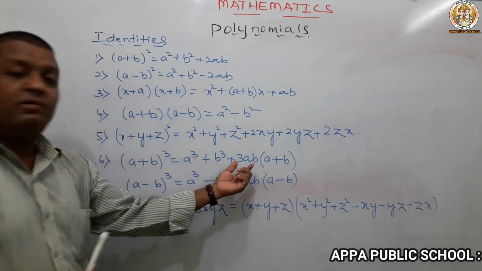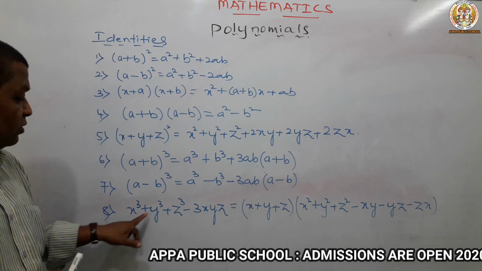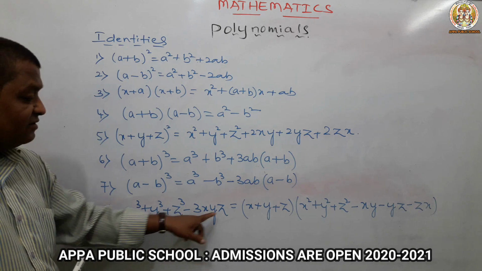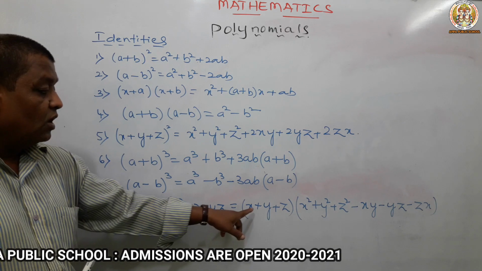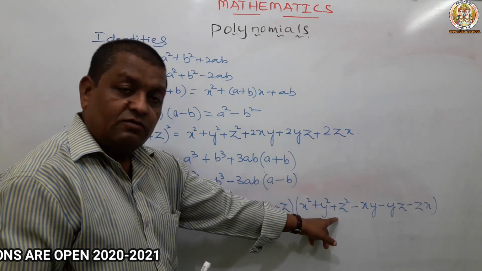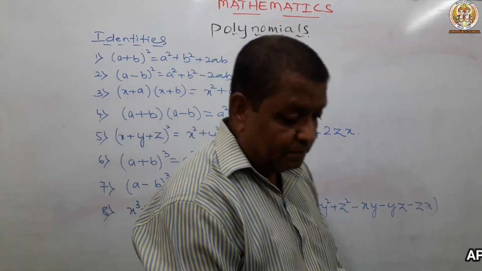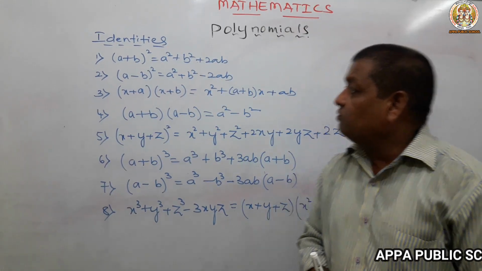No problem, when we need it, we will work in this bracket. The last one, x cube plus y cube plus z cube minus 3xyz is equal to x plus y plus z into x square plus y square plus z square minus xy minus yz minus zx. These are some identities of algebra.